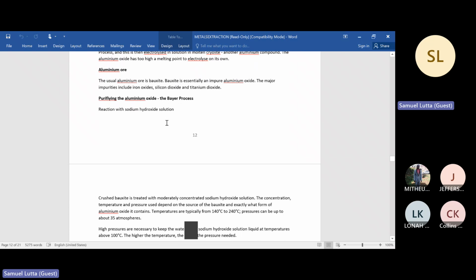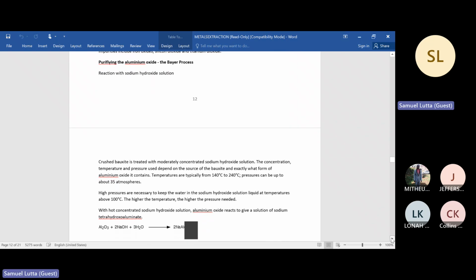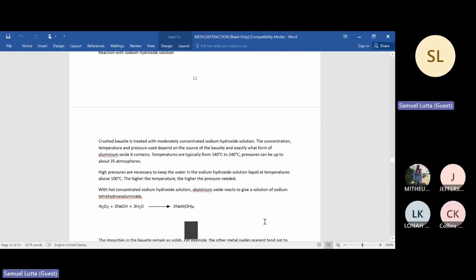The Bayer process involves crushing the product into small particles for easy reaction, and then you react it with sodium hydroxide. We know aluminium oxide is amphoteric, so it can react with both acids and bases.